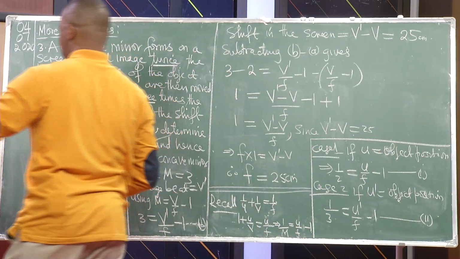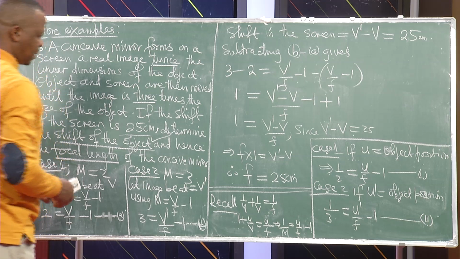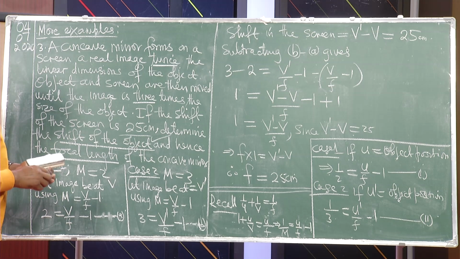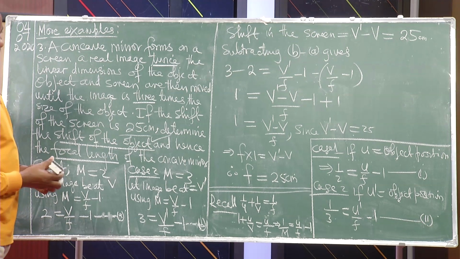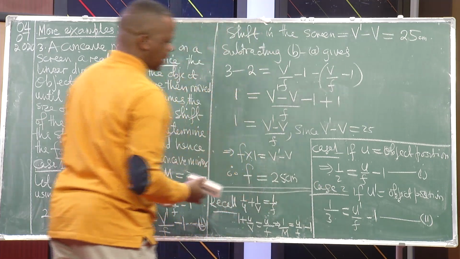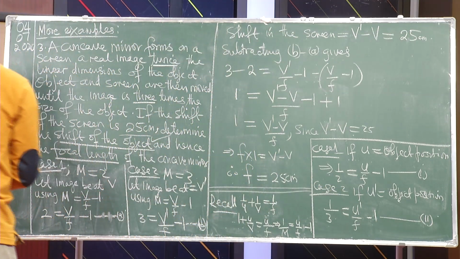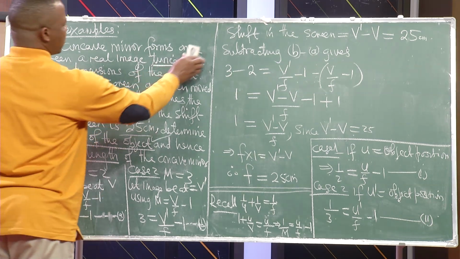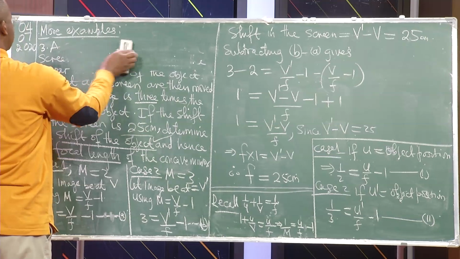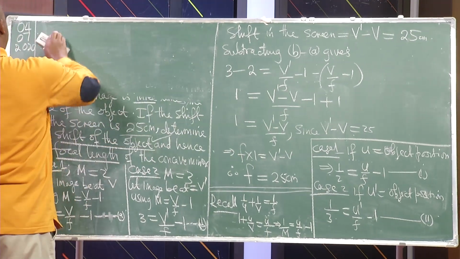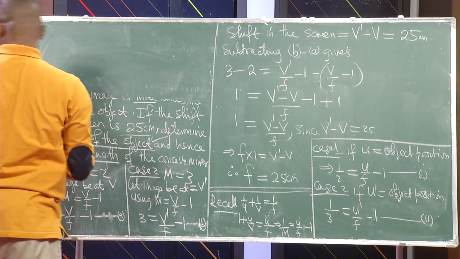So we can also use that expression. I will rub off the original question. My intention is to find the object difference. And since a half is greater than a third, we can subtract 2 from 1.